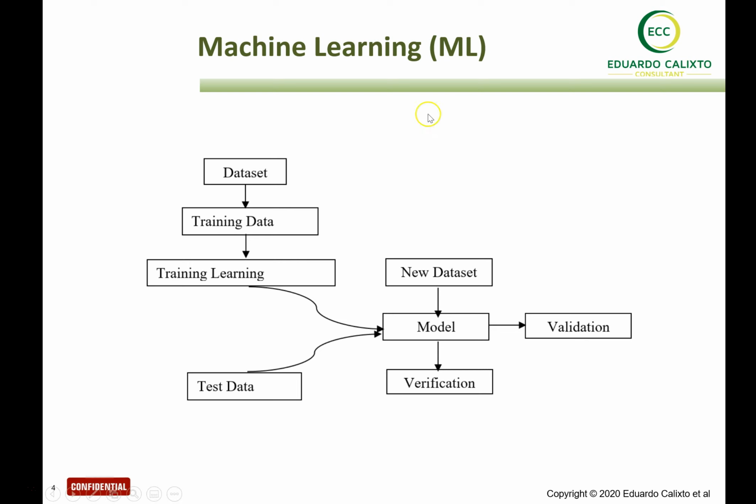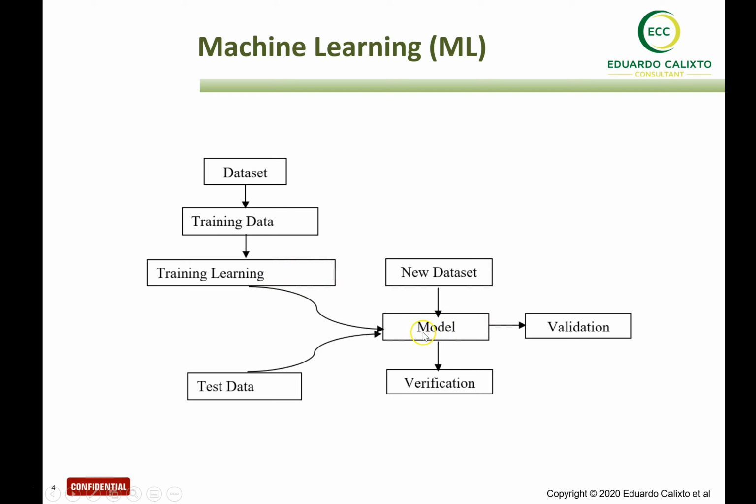As we saw, the general concept of machine learning is, since you have a data set, we split this data set into train data and test data, 70-30%. We get random samples from our data sets to create our training data. And then, based on a predefined model, we use the training data set to train the model.